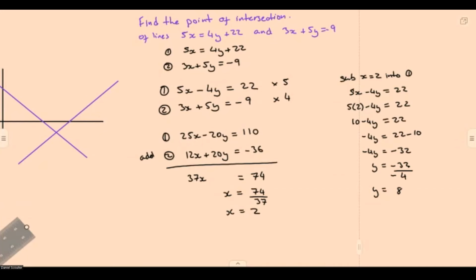What have I gone wrong there? Because 22 take away 10 is 12. Good shout. Where did I get minus 32? Just making stuff up. Thank you.